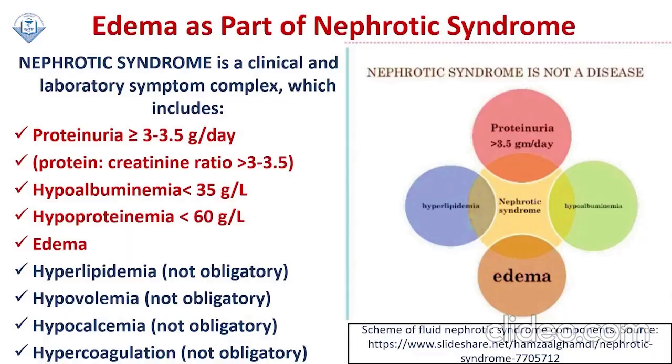Let's discuss edema as a part of nephrotic syndrome. Nephrotic syndrome is a clinical and laboratory complex of symptoms which includes the following signs: proteinuria more than 3.5 grams per day, hypoalbuminemia, albumin level less than 35 grams per liter, hypoproteinemia when level of total protein is less than 60 grams per liter, edema, and sometimes we can find additional signs like hyperlipidemia, hypovolemia, hypocalcemia, and hypercoagulation.